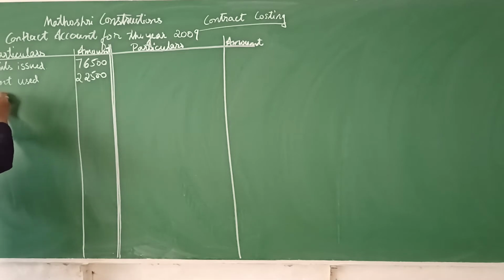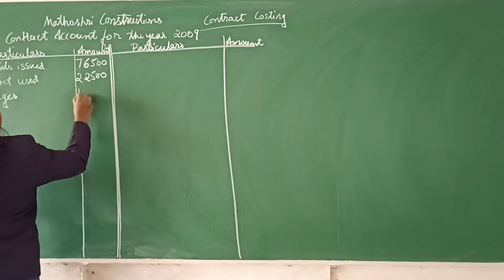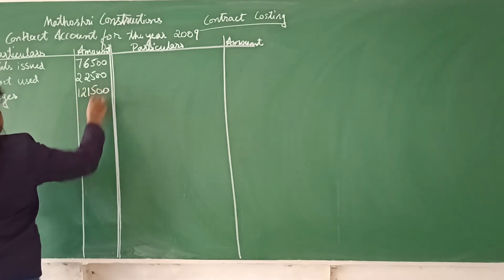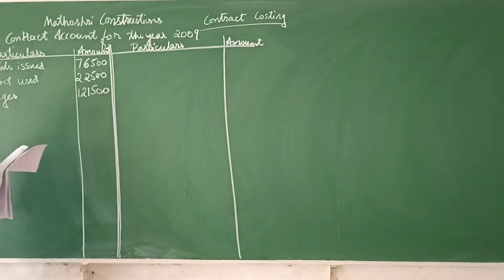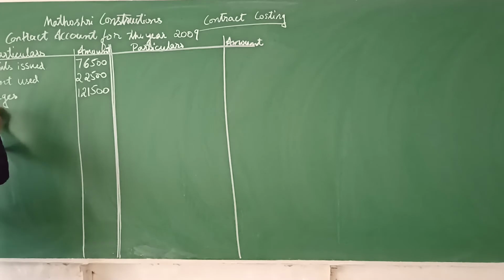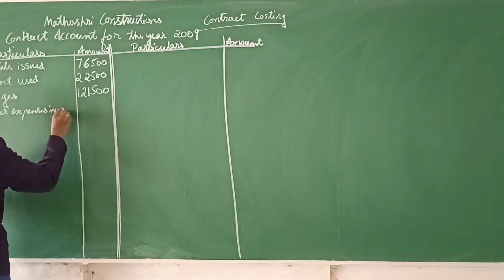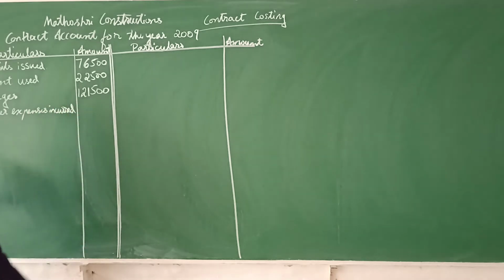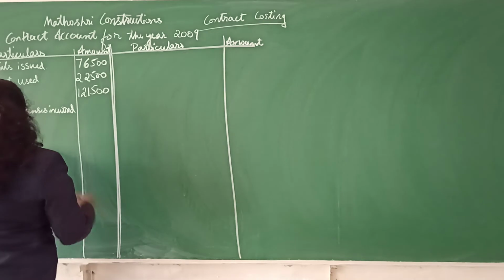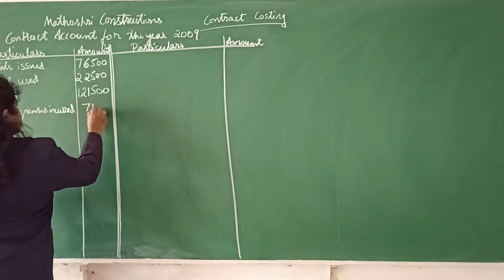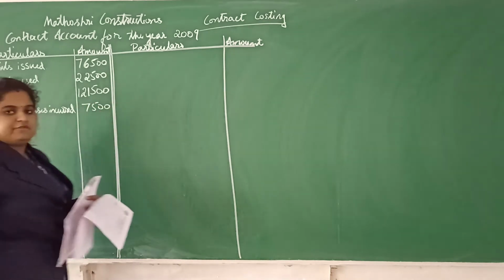Next is wages, 1,21,500. Other expenses incurred is rupees 7,500.